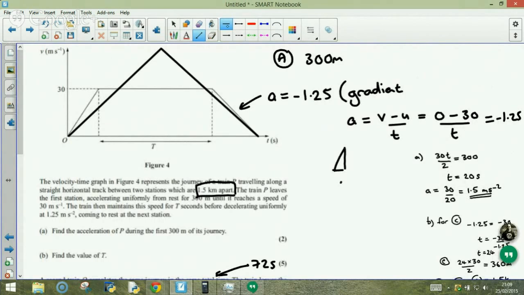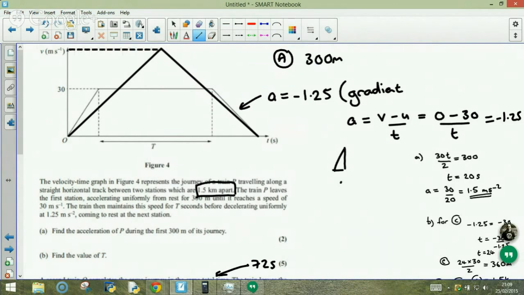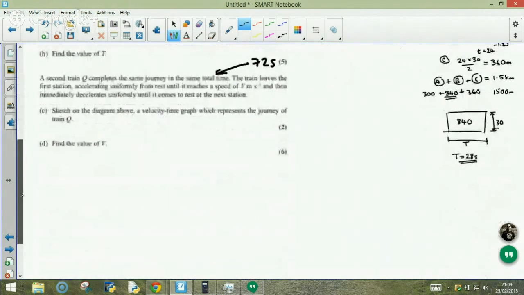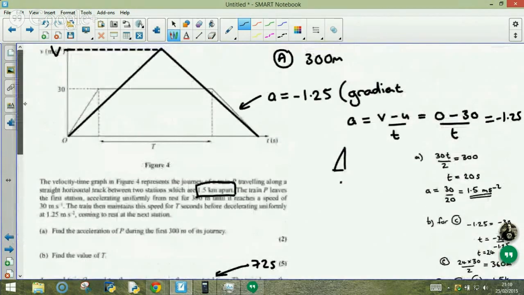And all you have to make sure you do is indicate where V is. Find the value of V. So what do we know about this?